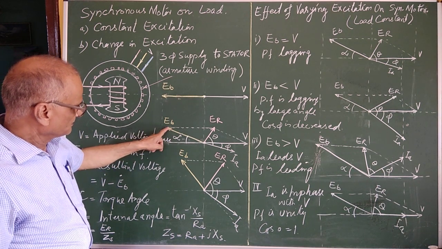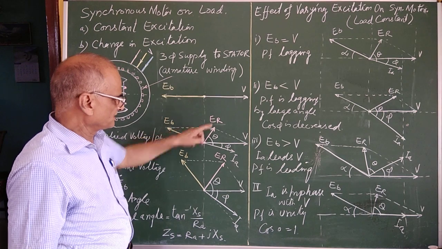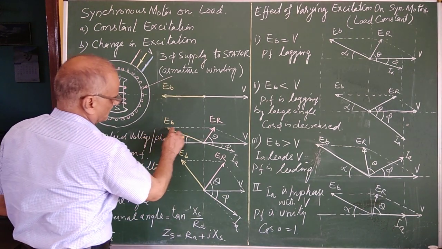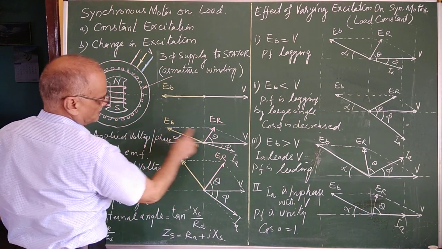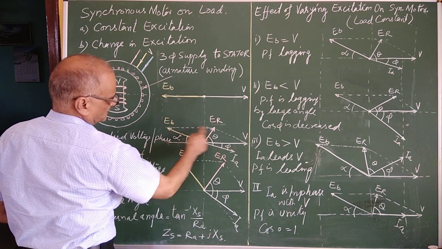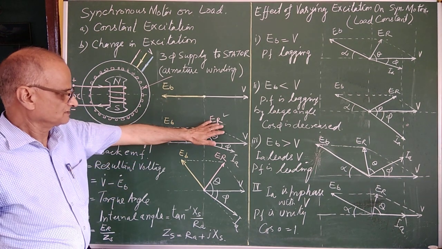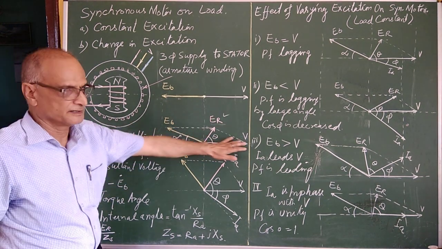And there is a resultant voltage ER, which is the phasor sum of these two, EB and V. So the phasor difference of EB and V is ER. This ER is called resultant voltage, difference between V and EB.